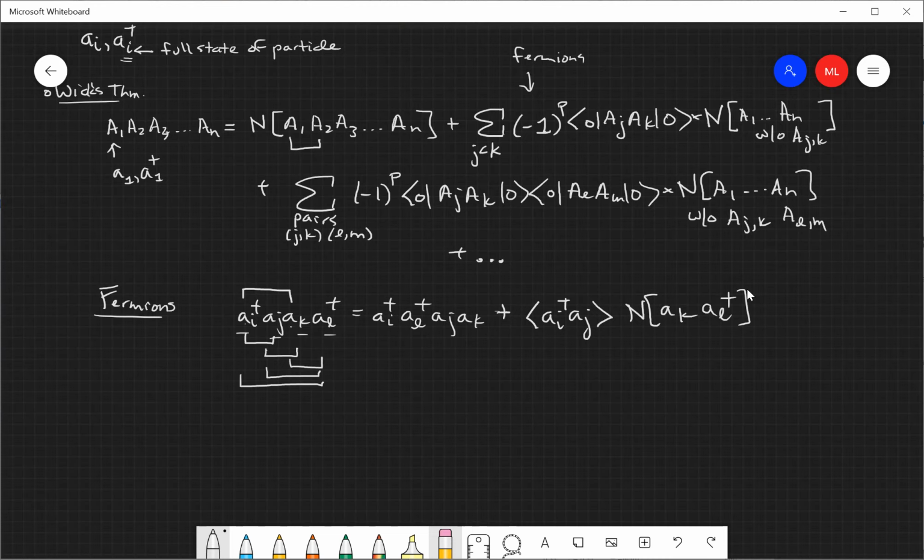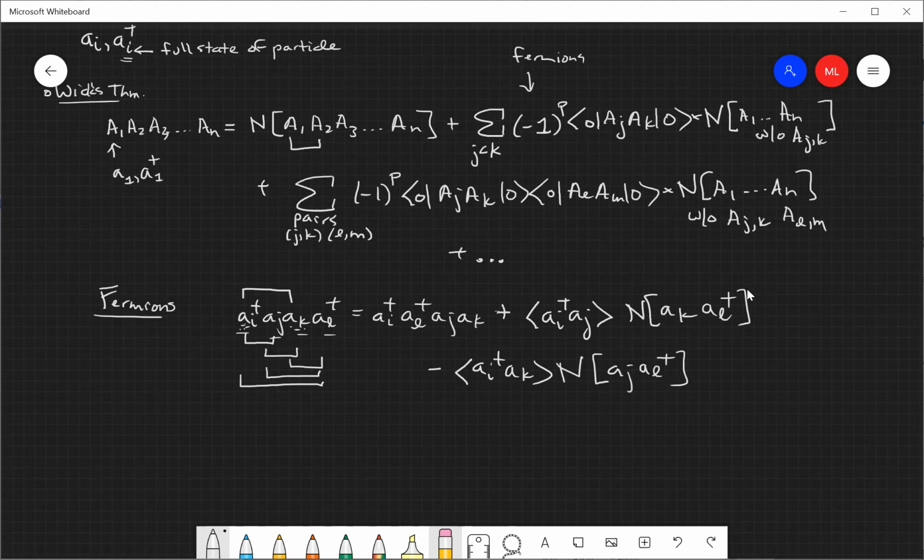Now we can do a contraction of AI with AK, for instance. And look at this. AI and AK are one operator apart. So you have to exchange these two operators in order to get AI next to AK. So this has to come in with a minus sign. And then the rest of it is just the normal ordering of AJ, AL dagger.